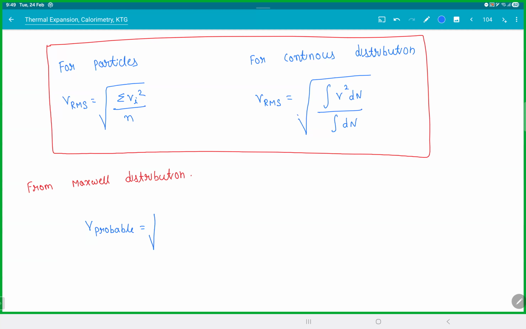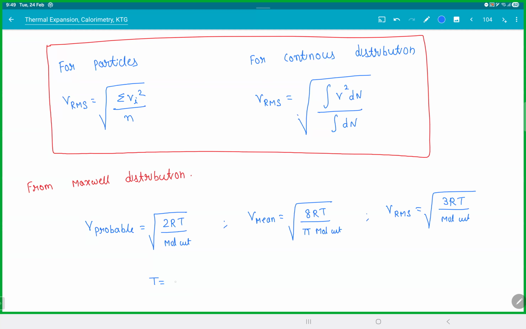V probable is root over 2 RT by molecular weight. V mean is root over 8 RT by pi into molecular weight. VRMS will be root over 3 RT by molecular weight. T is the temperature in Kelvin and molecular weight must be in kgs.